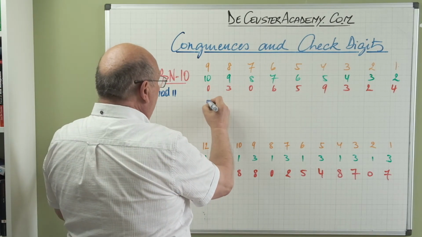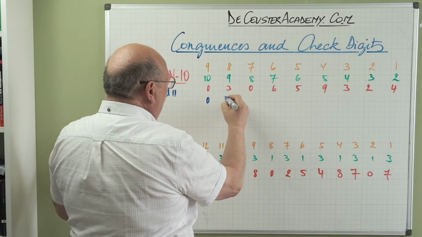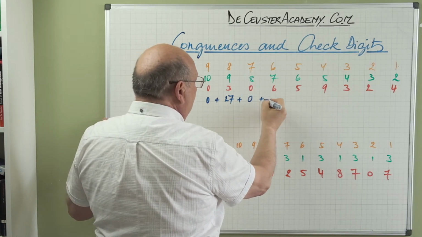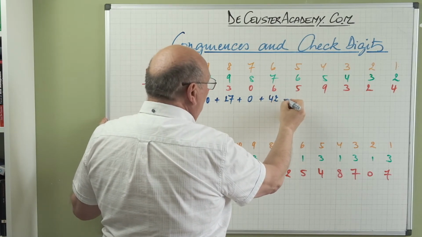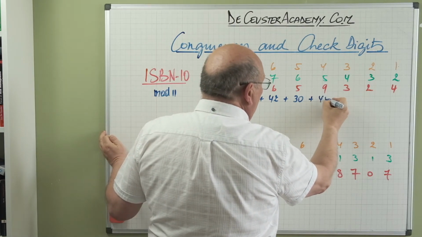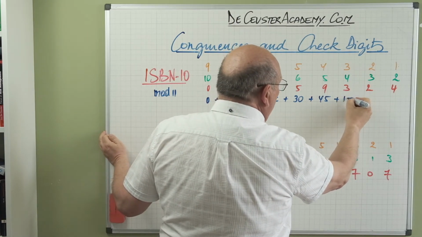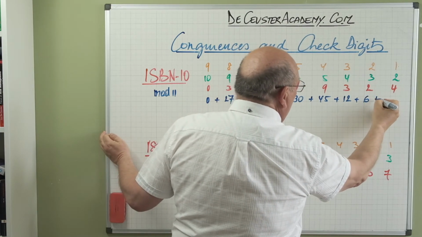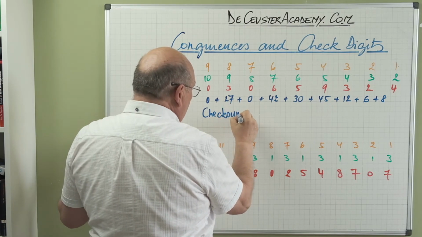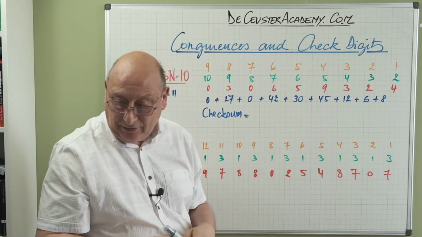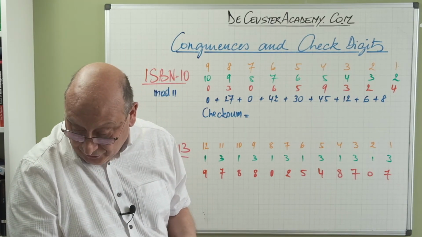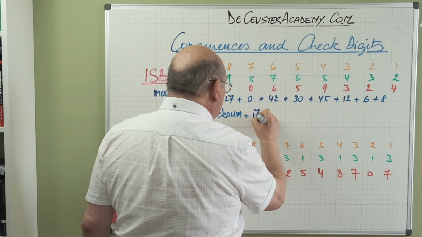So we have 10 times 0 is 0, 3 times 9 is 27, 8 times 0 is 0, 7 times 6 is 42, 6 times 5 is 30, and 5 times 9 is 45, 3 times 4 is 12, plus 6 plus 8. So if we add all those numbers, we find that the checksum is 170.